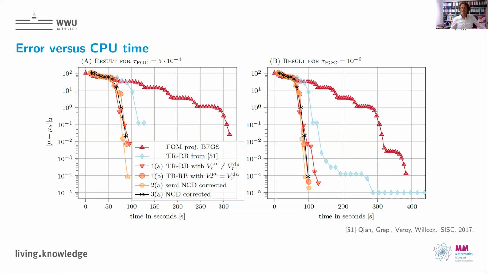And you see that at some point, I learned a reduced model that is good enough, and then I get the full performance of the reduced order model, and I converge very quickly with this optimization problem.